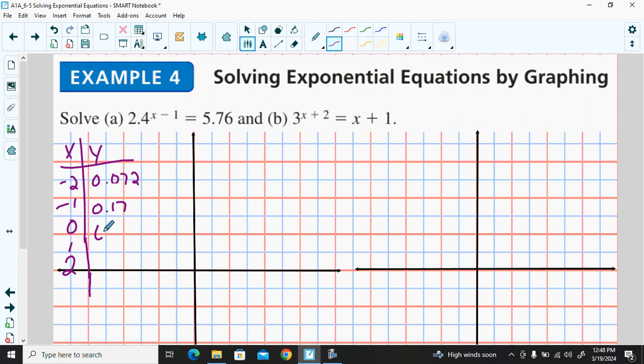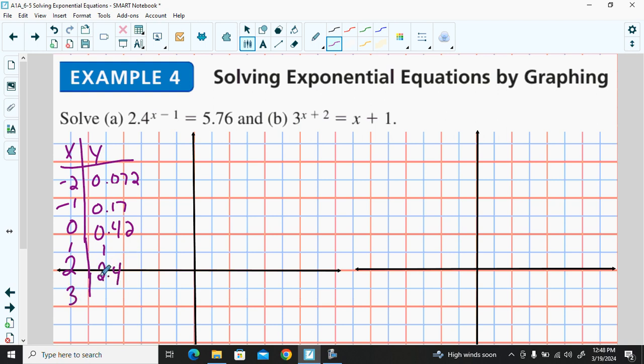That's 0.42. For 1, 1 minus 1 is 2.4 to the 0 power, and everything to the 0 power is 1. For 2, 2 minus 1 is 2.4 to the 1, so that's 2.4.